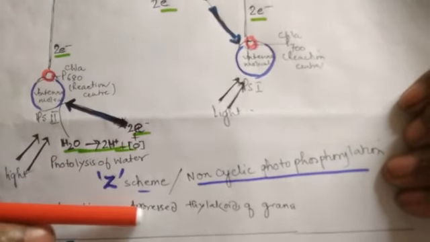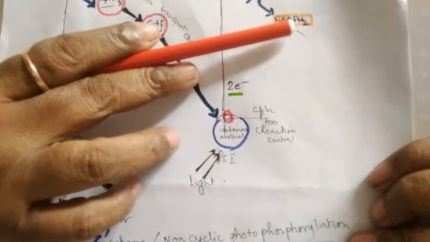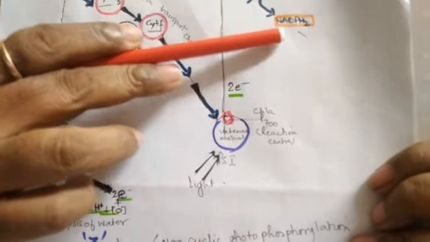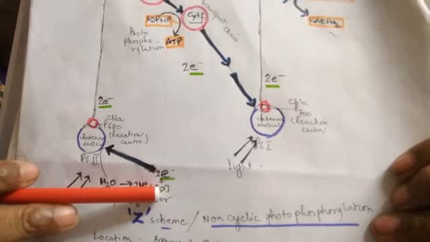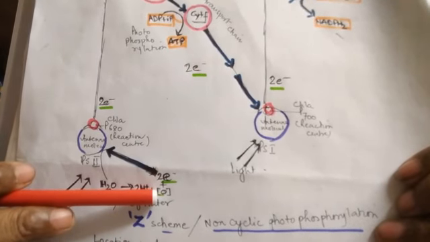And these protons can neutralize NADP to NADPH2, which can act as a reducing agent. And metabolic water is also formed, because this is actually forming hydroxyl ion.